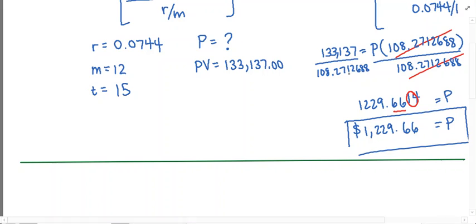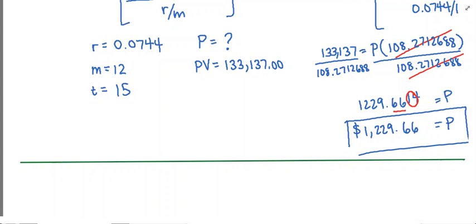So we're bumping up the amount that's being received during the 15-year period in retirement. We're going to go from a $1,229.66 paycheck to a $2,000 paycheck. So we're working backwards. If that's the amount we want to receive every month during retirement, we have to figure out how much we have to save every month during our working years in order to accomplish that goal.